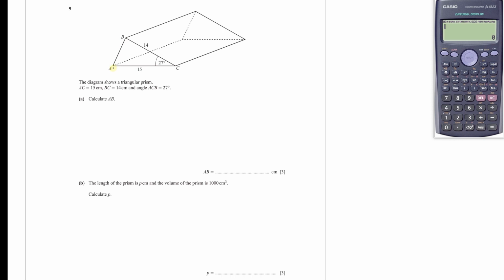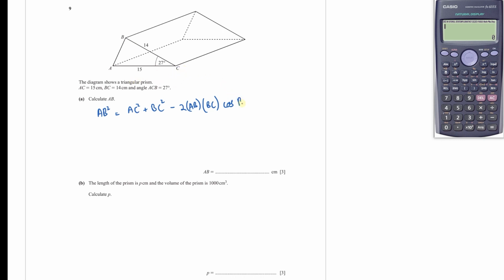So if you look at this triangle ABC, we know two of the sides and we also know the angle between them. So we can use the cosine rule, which will give us AB squared equals AC squared plus BC squared minus 2 times AC times BC times cos of this angle BCA.